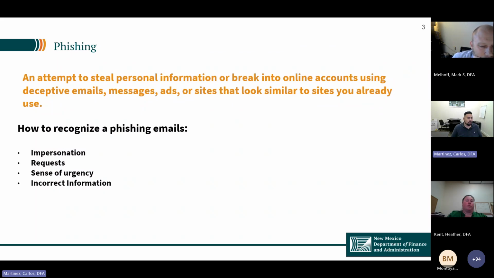And a lot of times, a telltale sign of a phishing attack is that there is incorrect information within the emails, such as misspellings, that on first glance you're not going to notice, but as you start to really look at it, it actually does present itself. And we'll go over some examples of this here shortly. But these are typical things to really keep an eye out for when you're seeing a phishing attack come in.